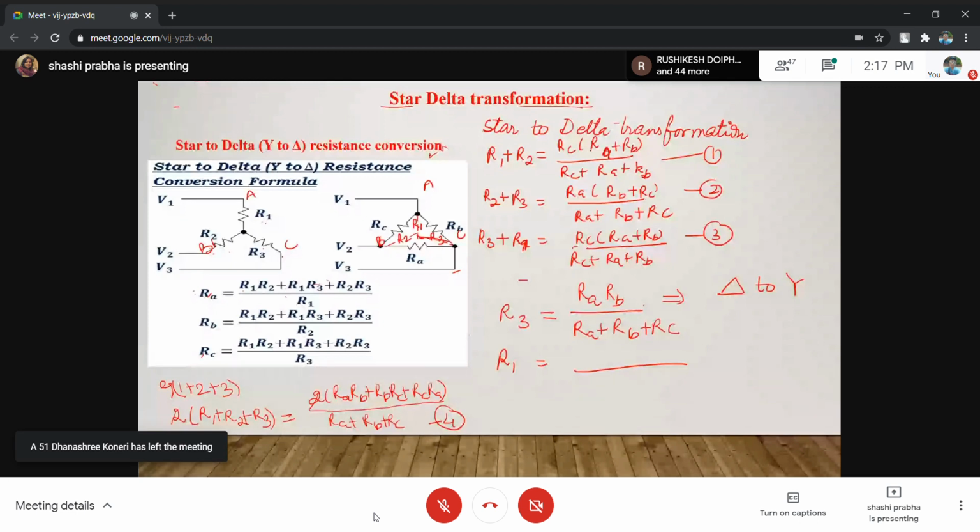Where is R3? ये देखो, ये निकालना है. ये B है. हाँ, C नहीं है. इसको देखो करेक्ट कर लो. ये C नहीं है, ये पॉइंट B है.